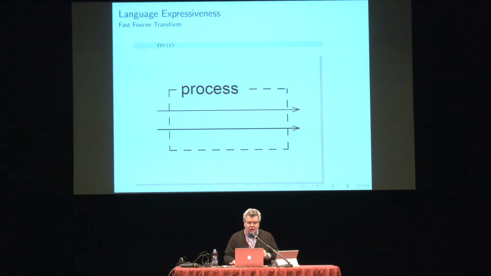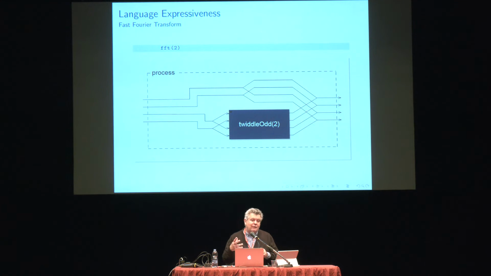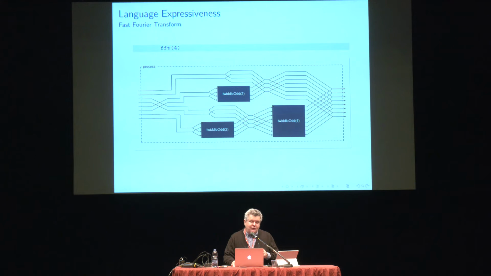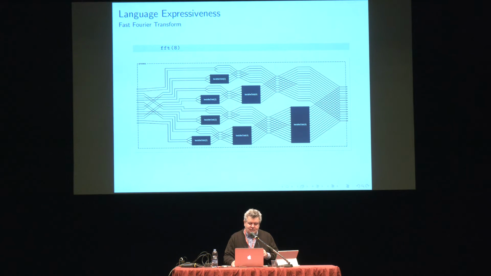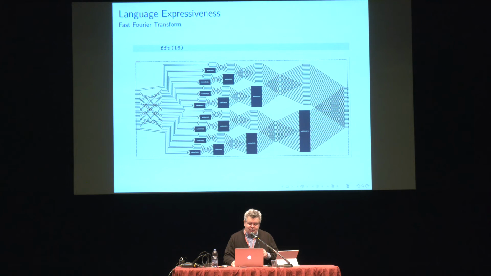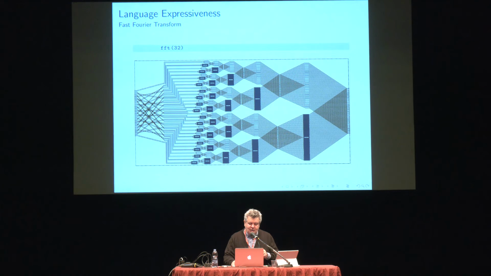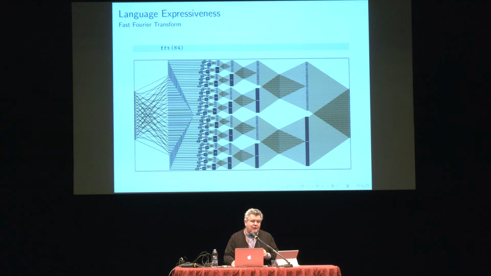Here you can create an FFT of 2 with the same program, FFT of 4, 8, 16, 32, and 64. So you see that if it's FFT of 2 or 4, it's okay if you do the connection manually.